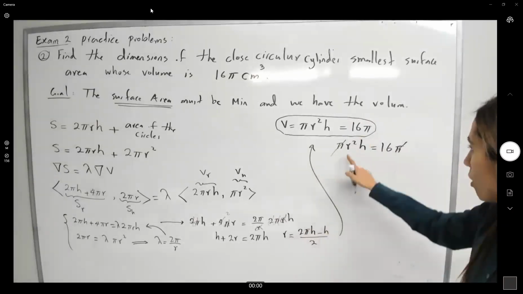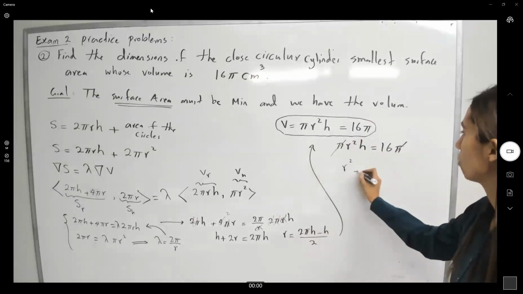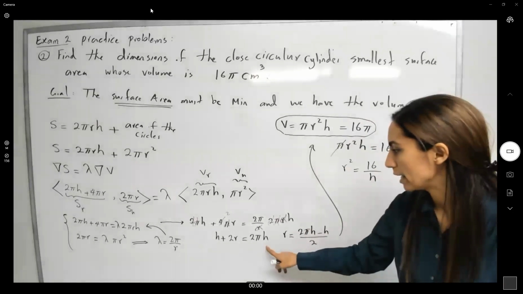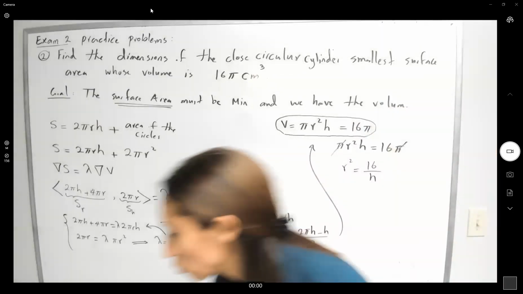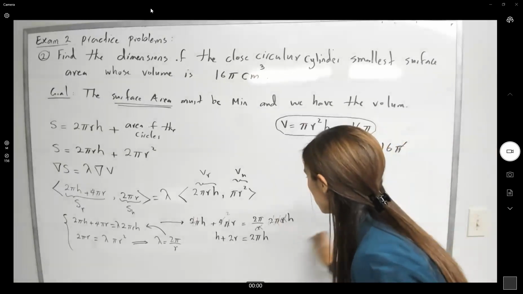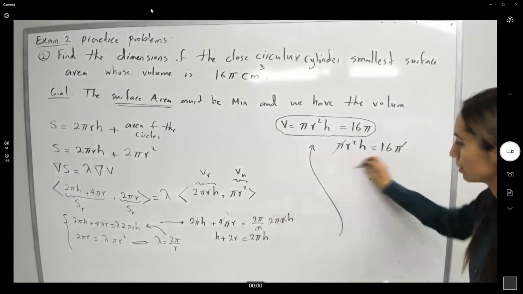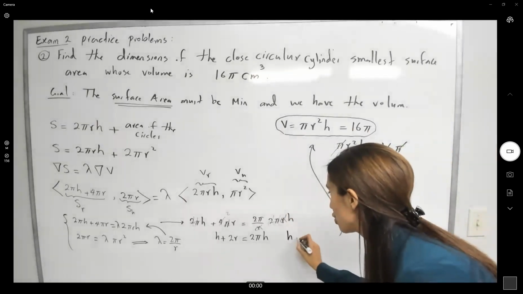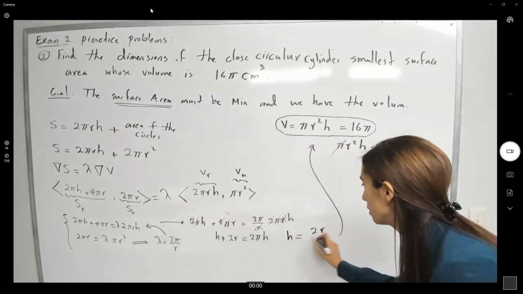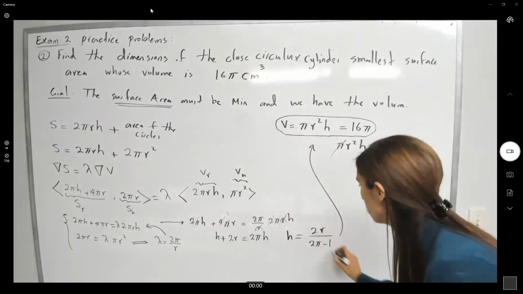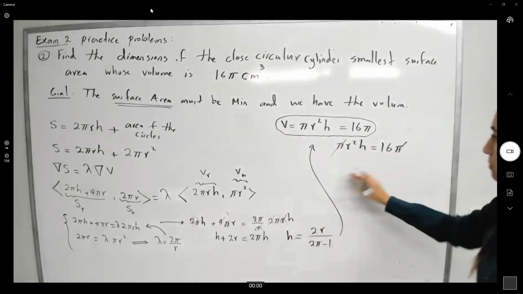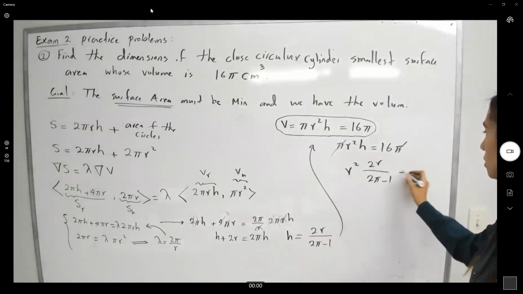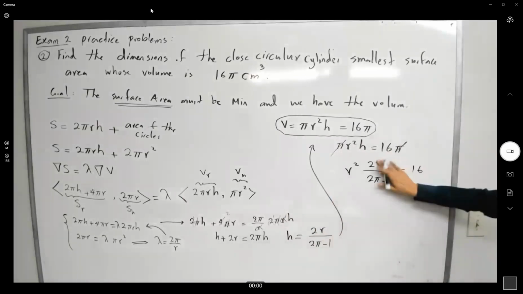And here your r squared is equal to 16 divided by h. Or again, you could write h in terms of r if it's easier for you to solve. I'm going to write down both of these so you see you can use any of these methods. H is equal to 2r divided by 2 pi minus 1. So here you get r squared times 2r, 2 pi minus 1 equals 16. Trying to solve for r.